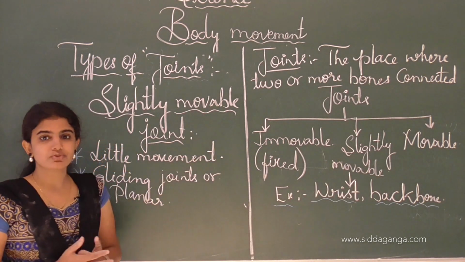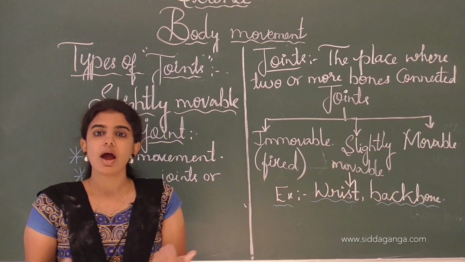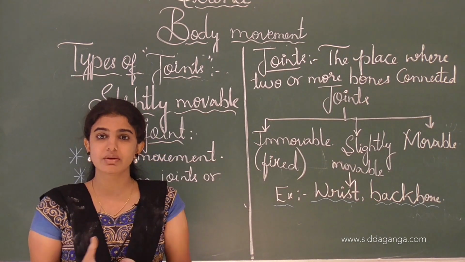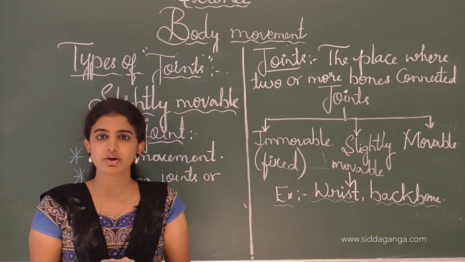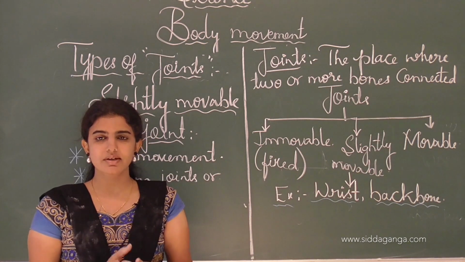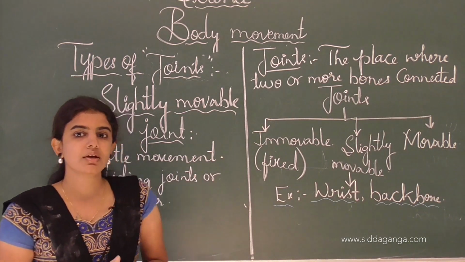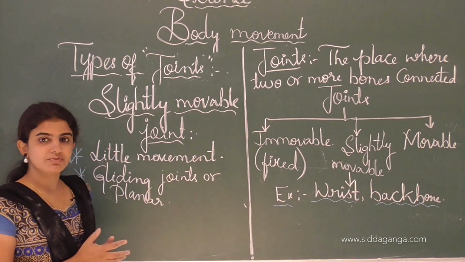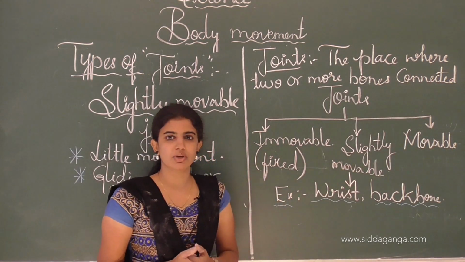In today's class we learnt about the different types of joints present in our body. A joint is the place where two or more bones are connected or joined together. There are different types of joints: immovable, slightly movable, and movable.